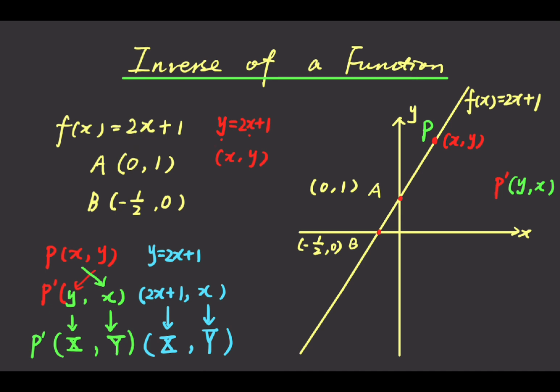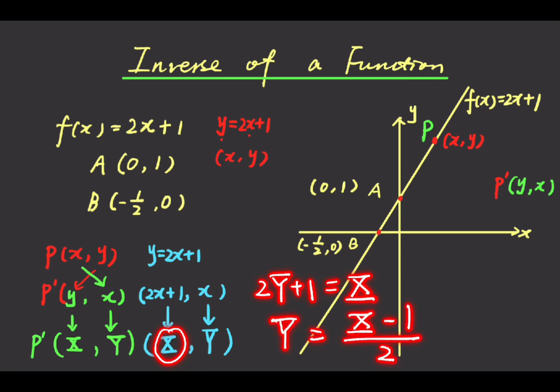So this y, and here, this x should be 2Y in uppercase plus 1 equals this X in uppercase. Then this Y in uppercase equals (X minus 1) over 2.